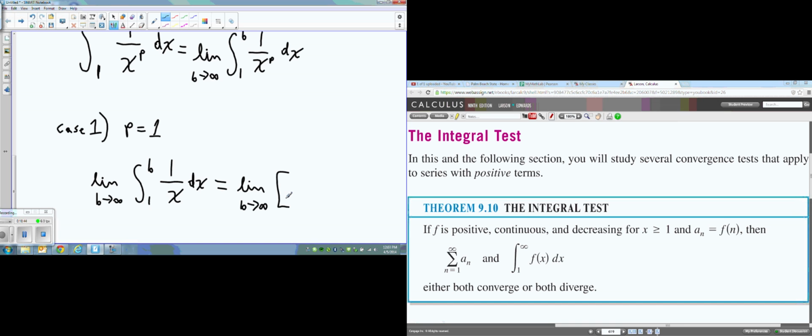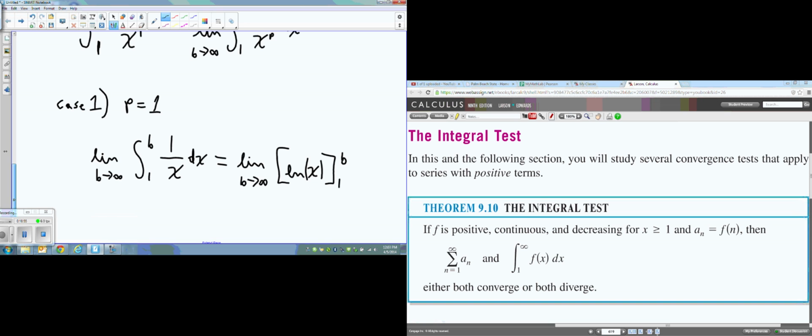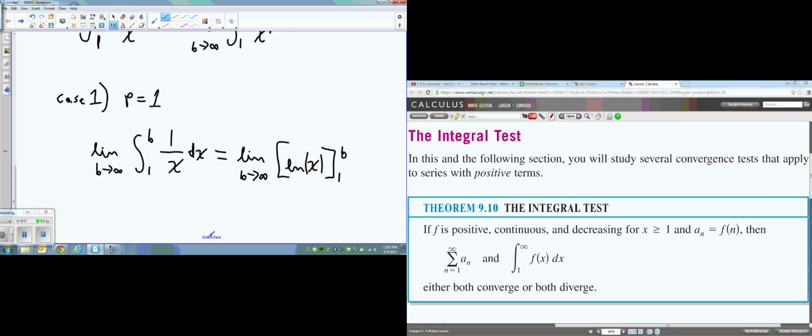So this is going to be the natural log of x from 1 to b.